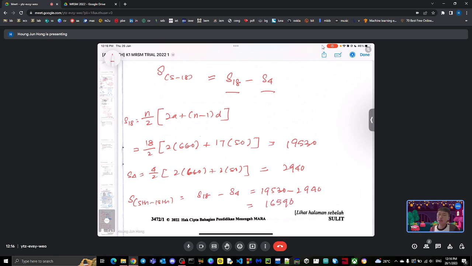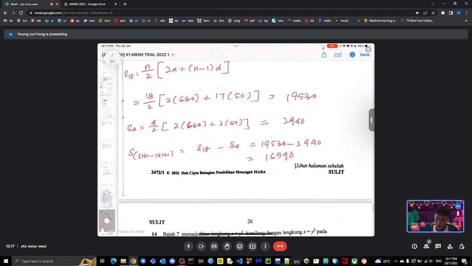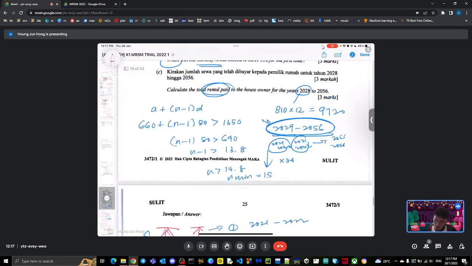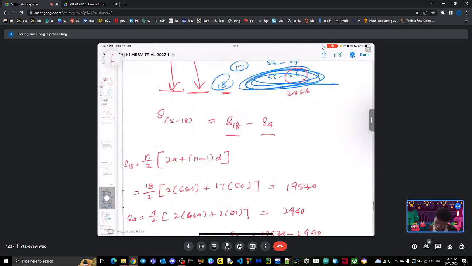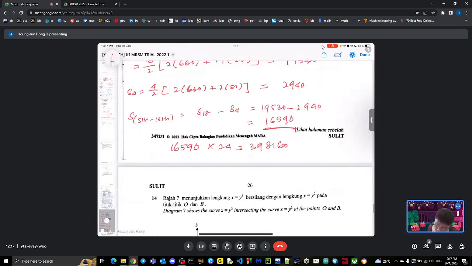And remember, this is the monthly rental, and as we know, we want the whole rental. So across the span of 2 years, you will have 24 months. So the total should be times 24. Okay, 398160. And finally, don't forget that you have the little 2028 to be added together. So 2028 is 9720. You have to add this together with this, and then you should get 407880. Okay, this is in RM. Yep, that's your final answer.